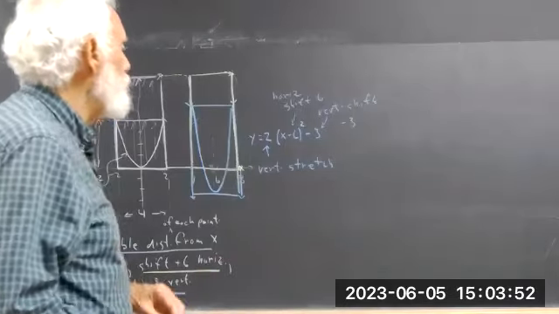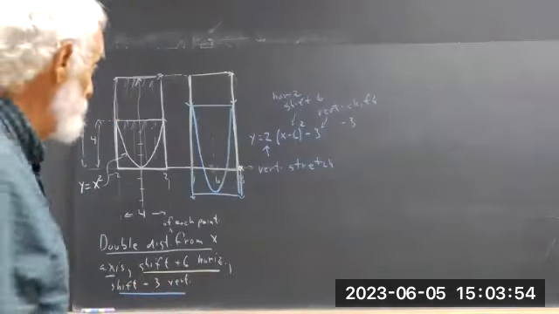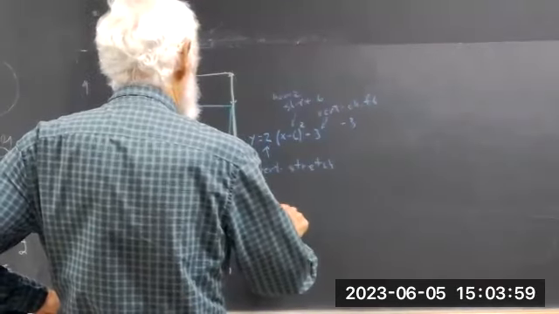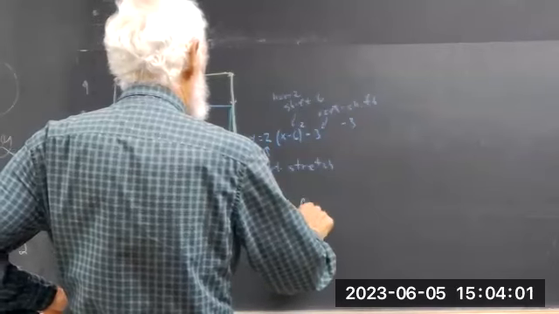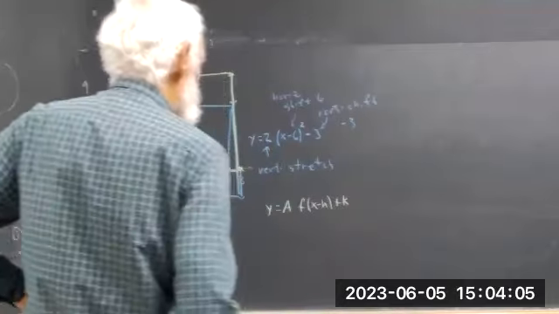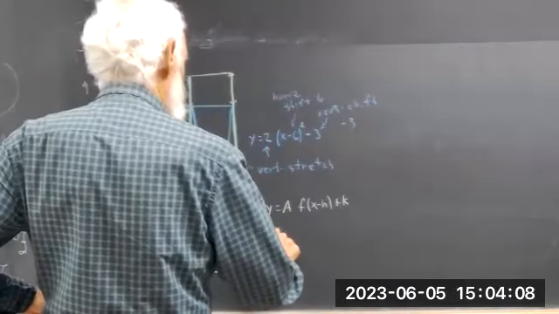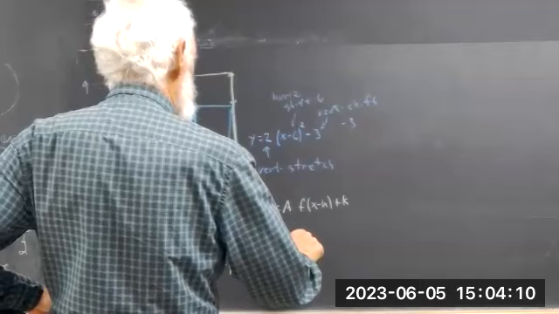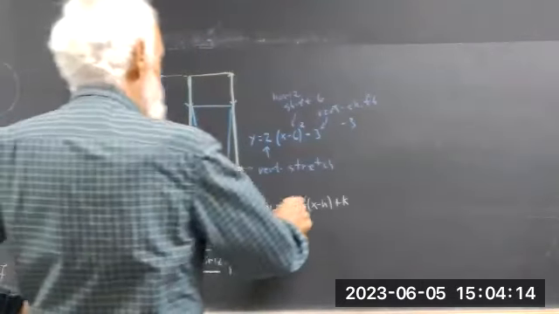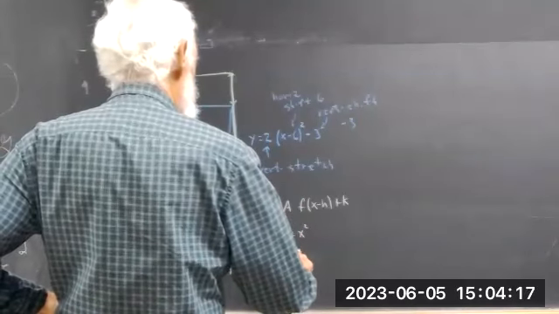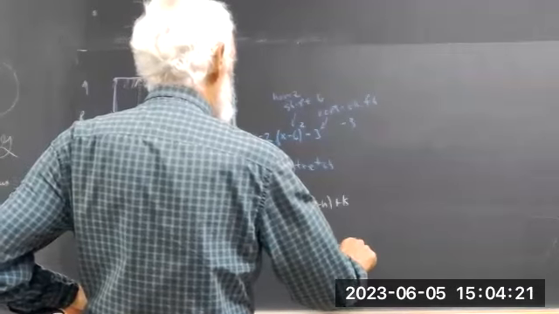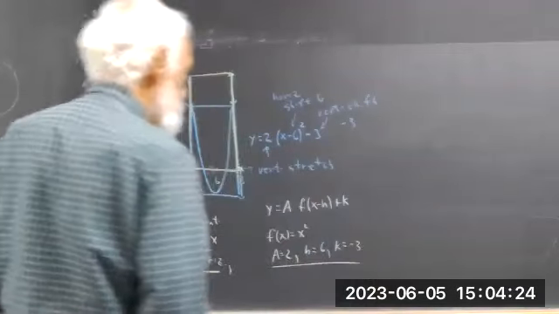Now, seeing this after you've had function notation, f of x is your x squared function. a equals 2, h equals 6, k equals -3.